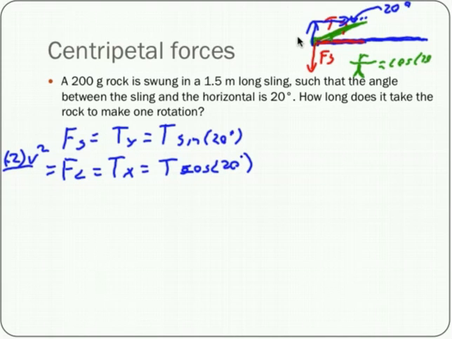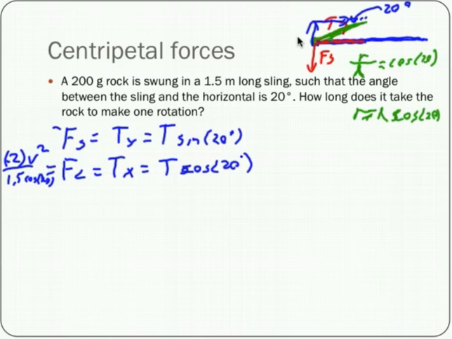Then r is equal to L cosine of 20. So for our value we put in L, the length, 1.5, times cosine of 20, and this is equal to the centripetal force, which is equal to Tx, T cosine 20.